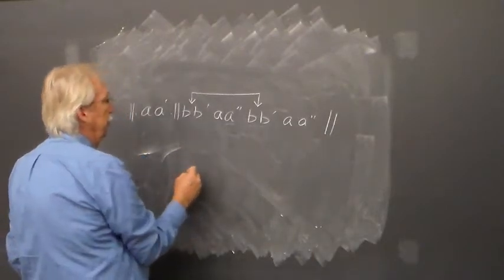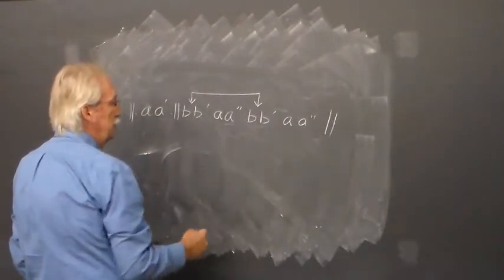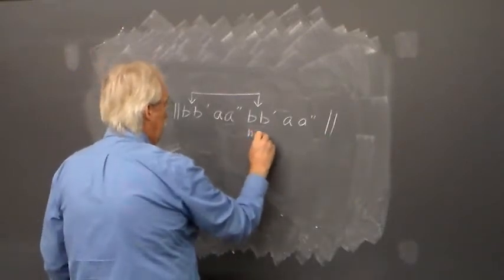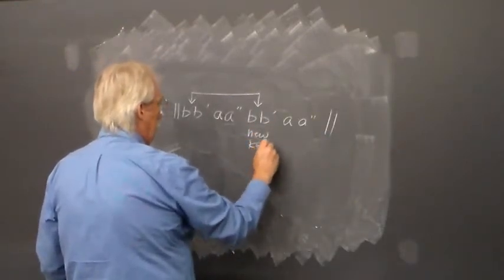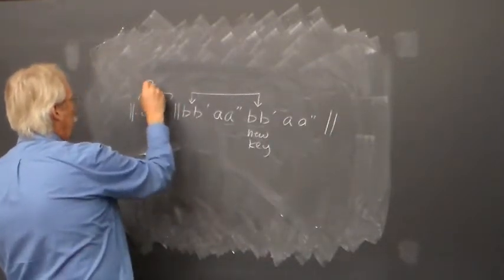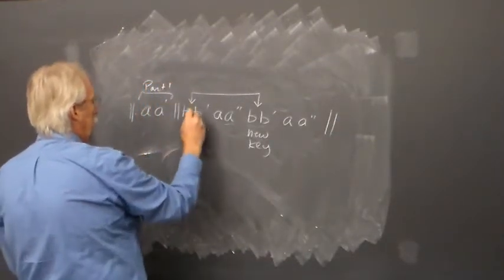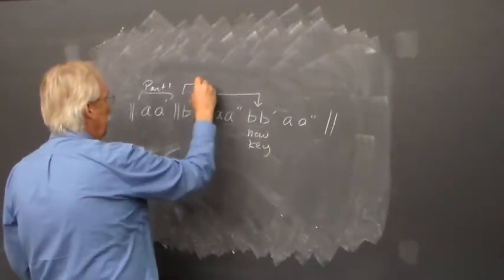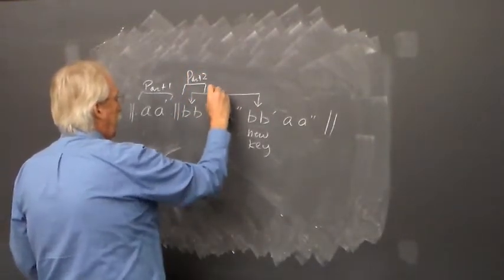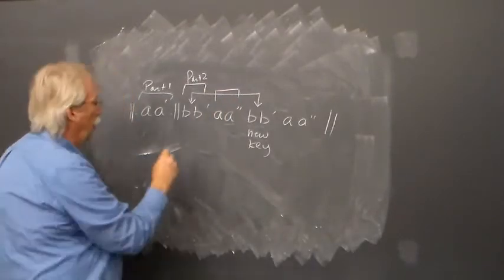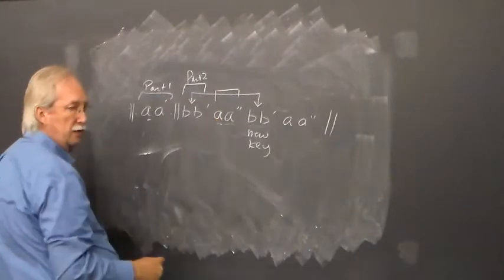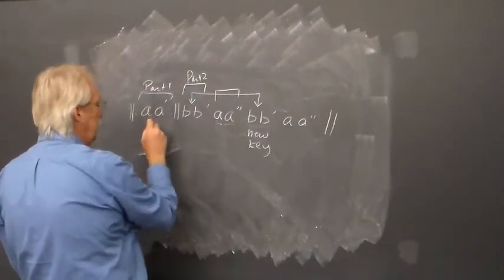And so, if this, however, is in a different key, then that transposition and that return of this material would make this into a part 4. So, this would be part 1, this would be part 2. Always remember that part 1 and part 3 are the same, especially the beginning of it is the same key, same theme.